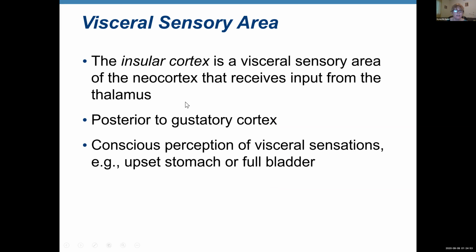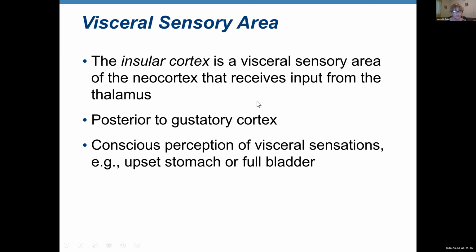Also in the insula, you would find the visceral sensory area. So information from your internal organs, from the viscera, reaches your consciousness. Lots of visceral sensation doesn't go to your cortex at all. Your brain constantly monitors lots of parameters of your body, like oxygen level, carbon dioxide level, glucose level, heart rate, and blood pressure.